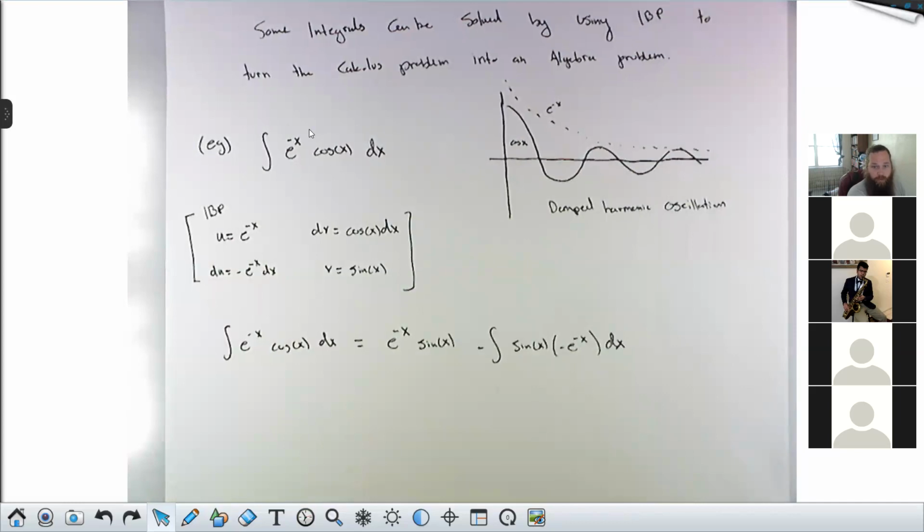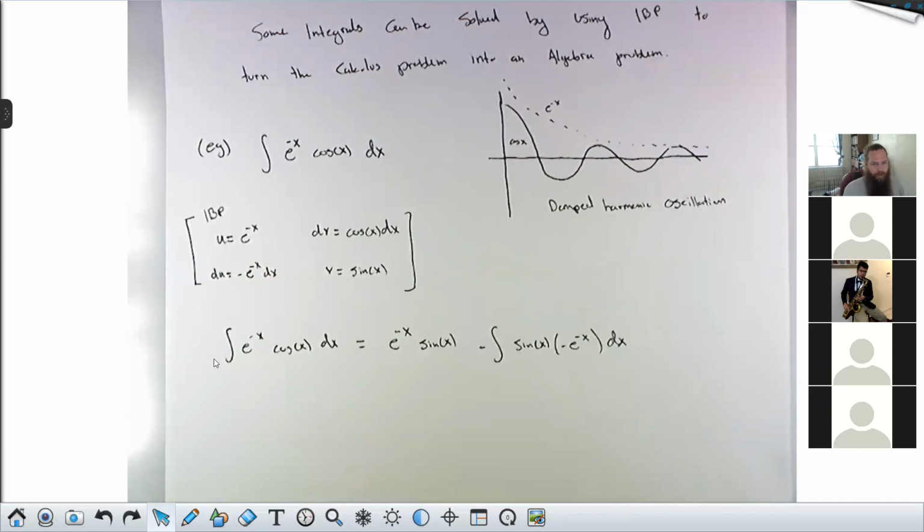So with one run of integration by parts, I get a term spit out and then another integral that looks similar to my original integral, right? It's just that the cosine has been swapped for a sine.